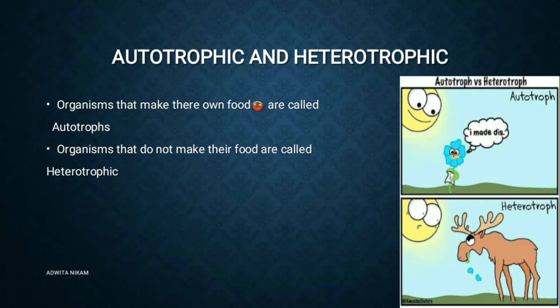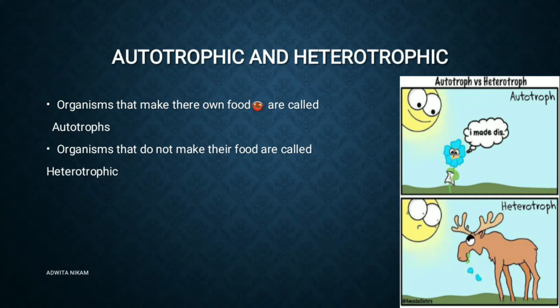Okay, there are plants which make their own food in sunlight. So they are called autotrophic plants or autotrophs. See, this little one here is saying that I made this food. She is showing us the food, and then Sun is smiling because he liked her.